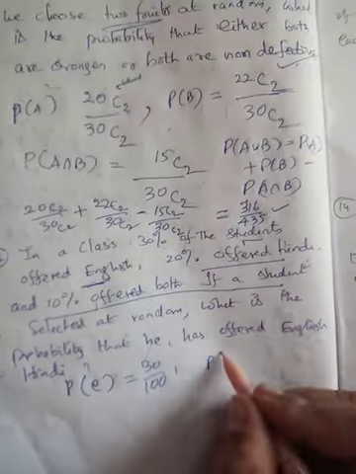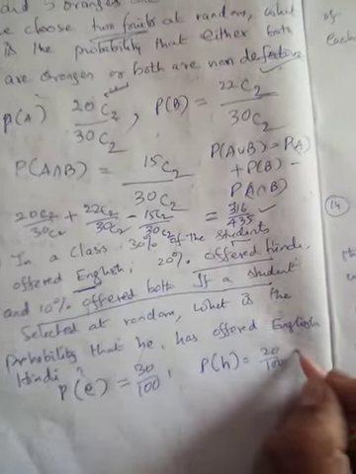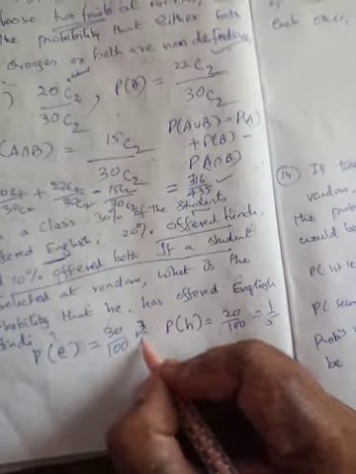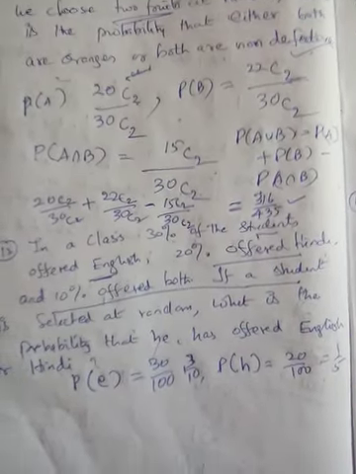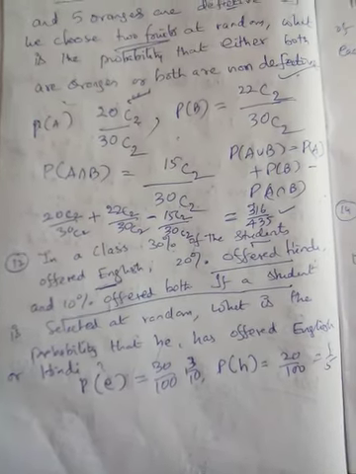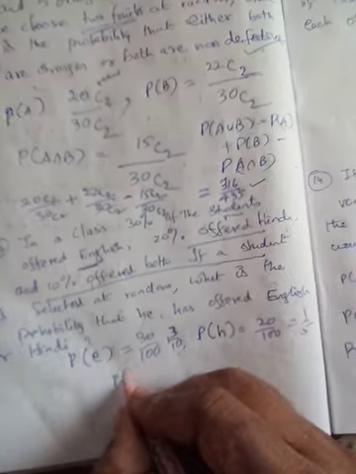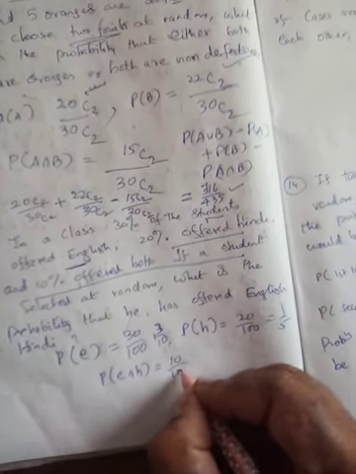So P of H, E means English, H means Hindi, that is 20 out of 100, 20%. You can take it as 1 by 5. English you can take as 3 by 10. Next, 10% of the students offered both subjects. That is P of E intersection H, both the subjects, 10 by 100, that's 1 by 10.